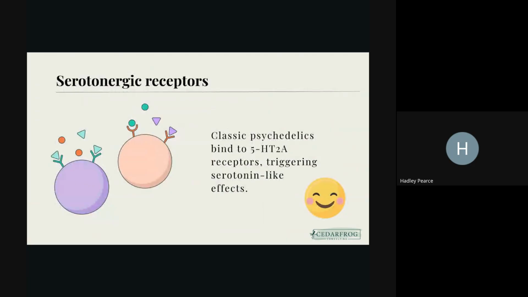So classic psychedelics bind to 5-HT2A receptors, which are a form of serotonergic receptor, which triggers serotonin-like effects. So these are feelings of happiness and well-being, calm, helps with emotional regulation and feeling kind of emotionally balanced.